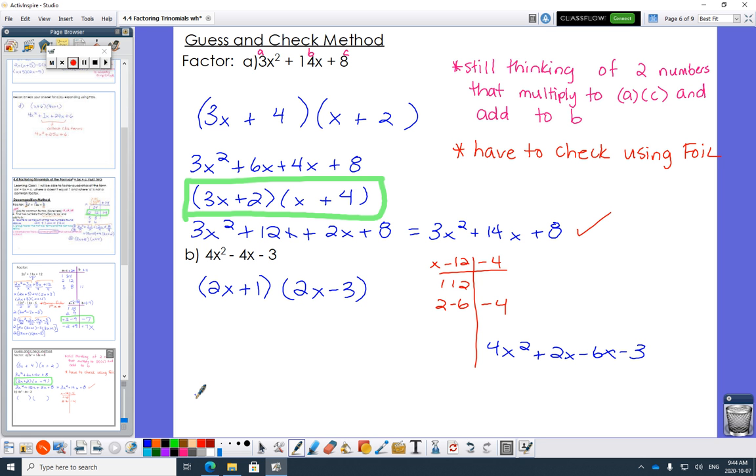Okay, so 2x times 2x is 4x squared, minus 6x, plus 2x minus 3, and then again, when you're checking, maybe you can do it in your head. You just have to check you're right. So technically, this would be your final.